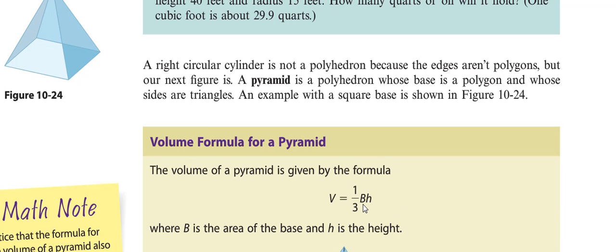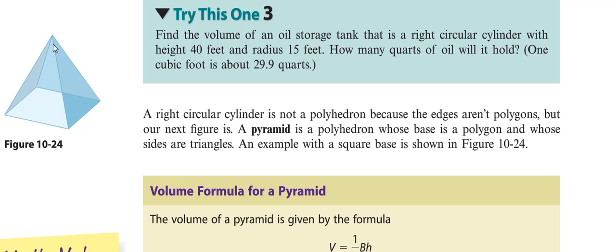And then once you get big B, you plug it in here, and you multiply by 1/3, and then times the height. And the height is the perpendicular height. It's not the slant height. If you're looking at figure 10.4, you go from the vertex straight down to the center of the pyramid at a right angle.